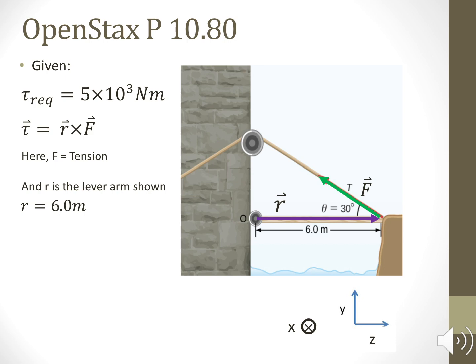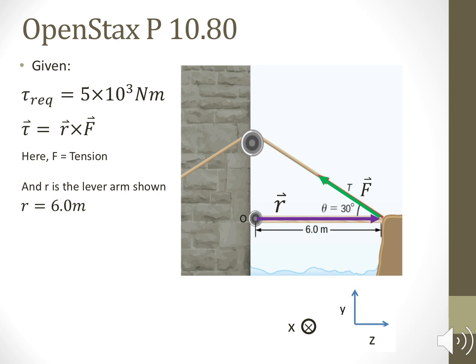So I've drawn a vector now over top of that that shows F as the tension force. And R is the lever vector that I have drawn here in purple. So we've got our lever arm vector R, we've got our force vector F, and we've got the angle between them so far shown as 30 degrees. We know that R is 6 meters.